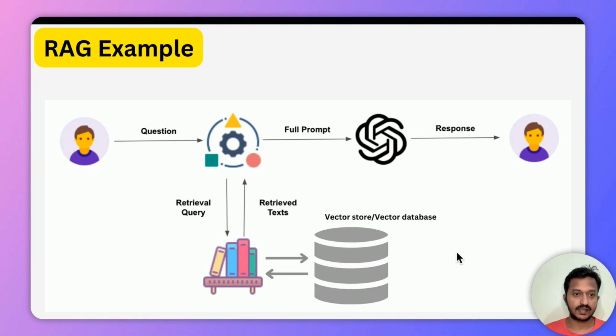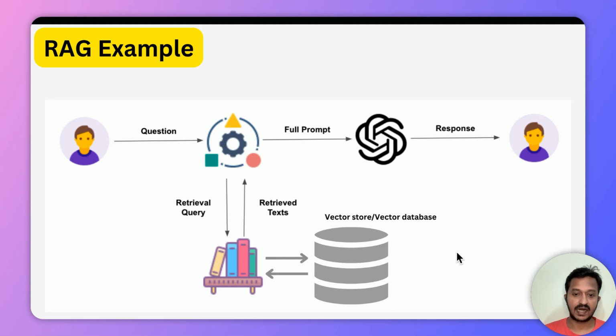So as you can see, here is a simple RAG workflow. It's a systematic workflow of a RAG where the user query comes in. He comes up with a question, which goes through an embedding model, and then it goes through the vector database to find the relevant chunk.